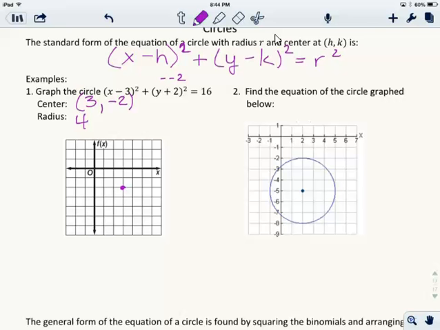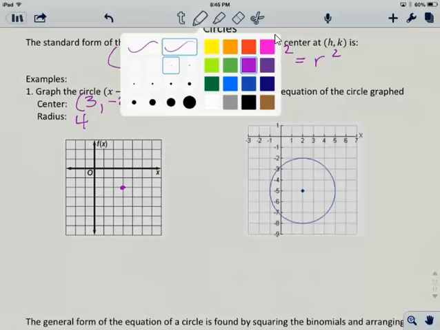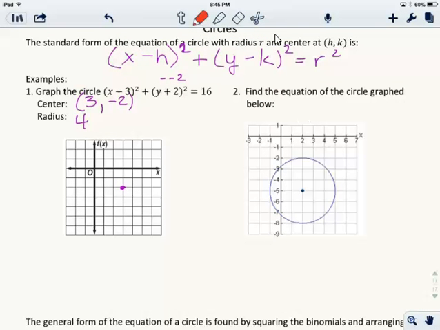And radius 4 means I can go left, right, up, down, any single direction 4. But in this case, we're going to deal with going up, down, left, and right. 1, 2, 3, 4, 4, 4, and 4. And when we do this and connect these, we should end up with a circle and not any sort of diamond shape.